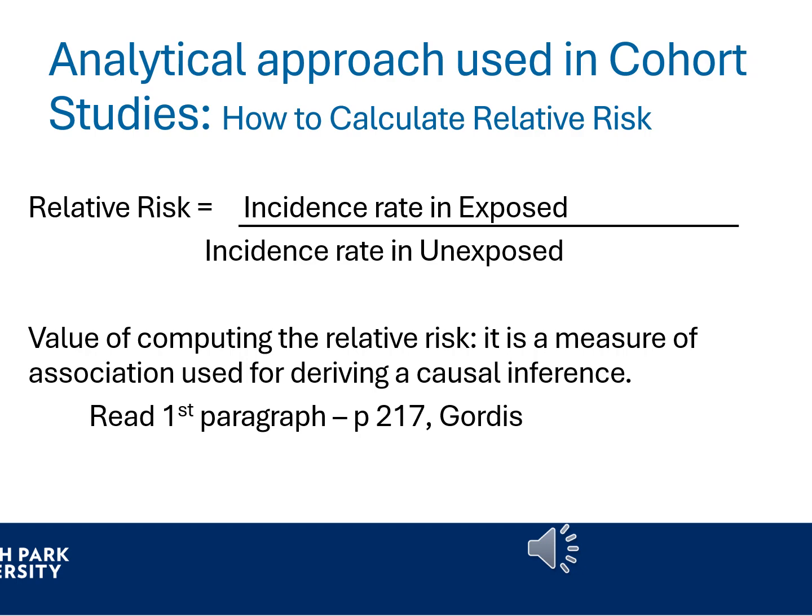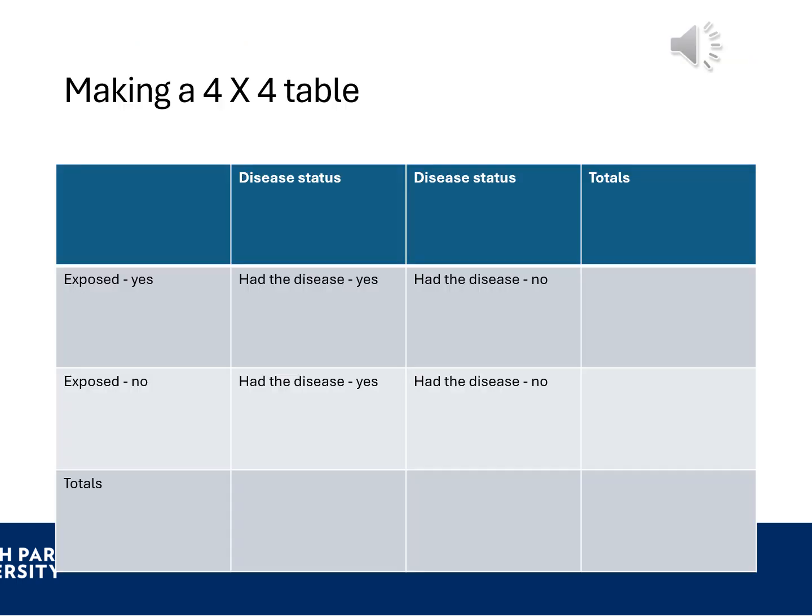This table is another way to develop the incidence rate in the exposed and divide it by the incidence rate in the unexposed. You can create what we call a 2x2 table. You can see the columns there is the status of the disease. They have the disease versus they don't ever get the disease.